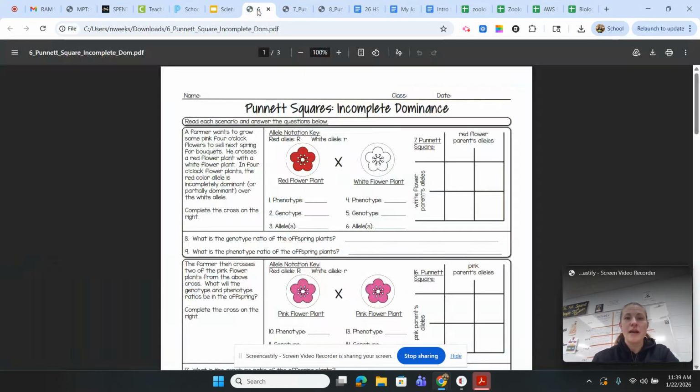So if we look at your practice problems, and we have your red alleles and your white alleles, the phenotype for the red plant would be red. The genotype would be capital R, okay? For the white flower plant, the phenotype would be white. The genotype would be lowercase r.